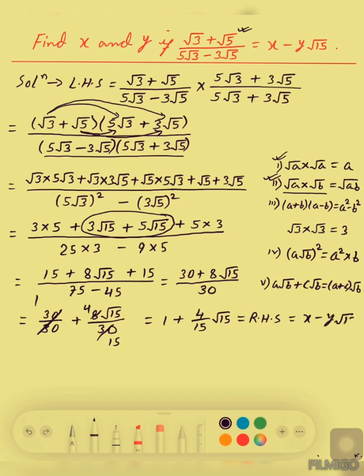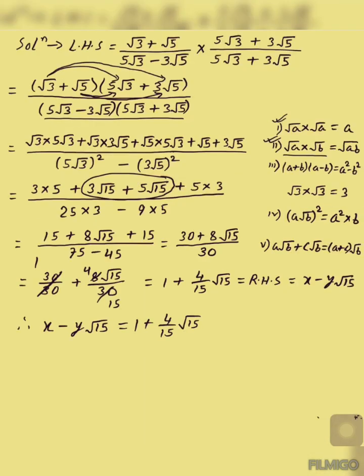Now here comes our right hand side part. So now we are going to compare the RHS with whatever we have got in the LHS. So x minus y under root 15 equals 1 plus 4 by 15 under root 15.